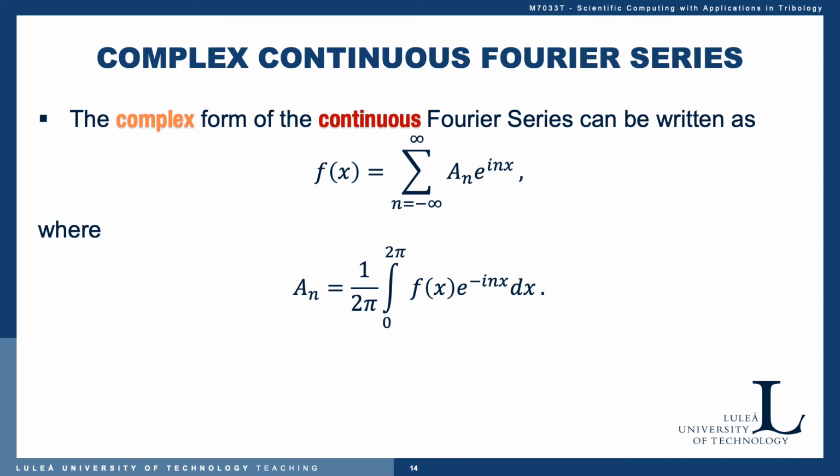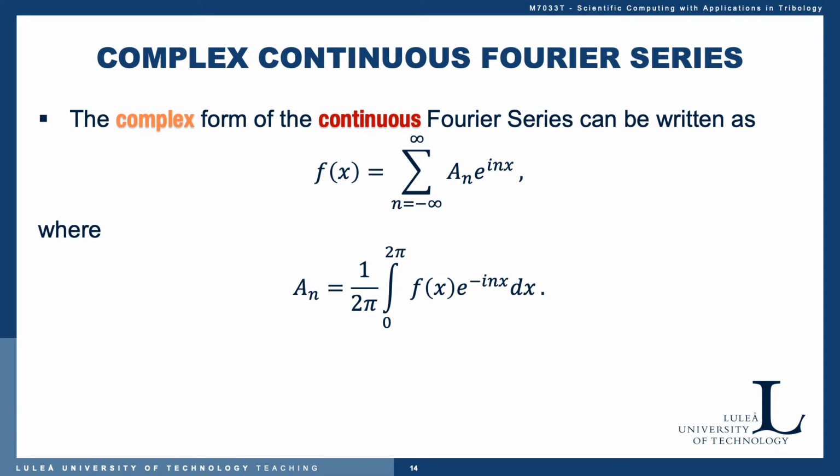So moving now on towards the complex representation of the Fourier series will give us a benefit when we later on will look into the Fourier transformation. So let's do this.